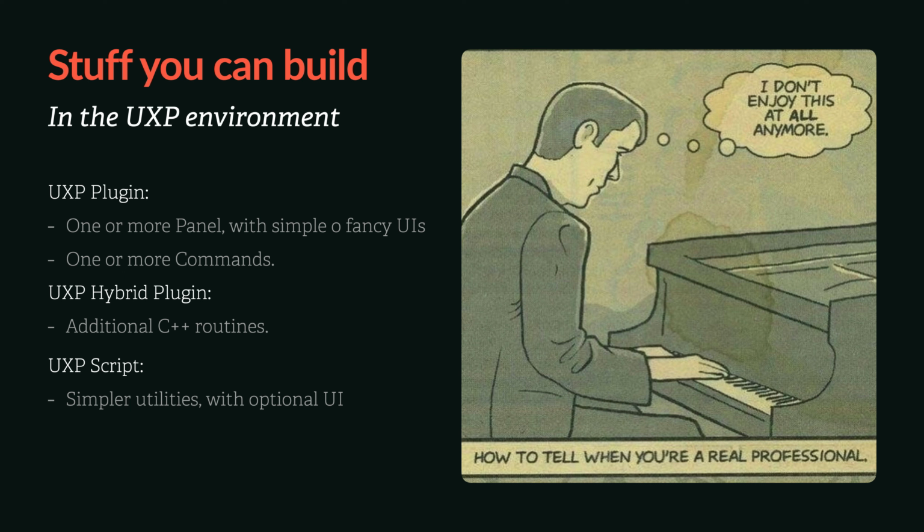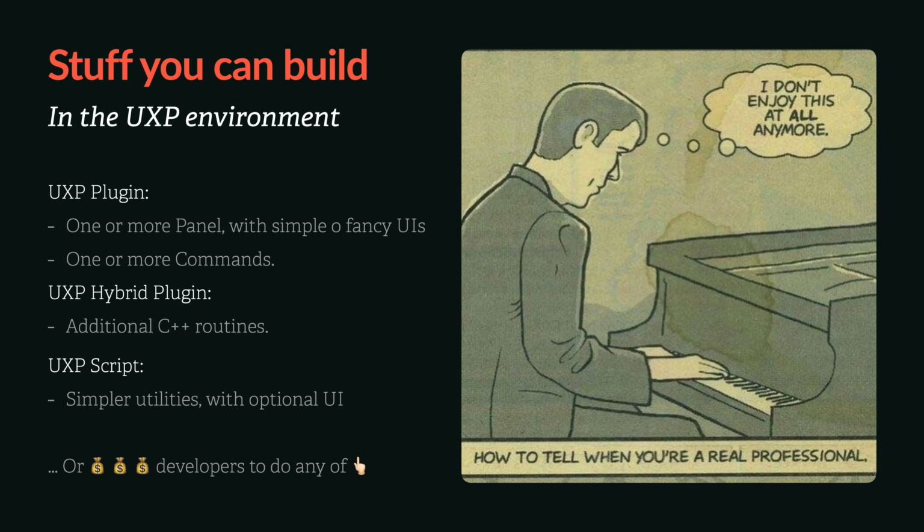Usually you don't have all the overhead of a UXP plugin that can also have optionally a user interface. You can do UXP plugin, hybrid plugins, scripts, or pay somebody else to do them for you. That's always an option. So I hope that at this point you have a clearer idea of the territory.